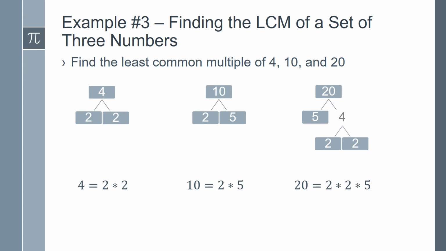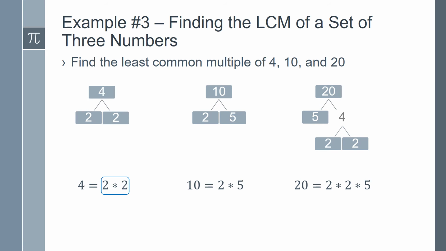Next, we look at each prime factor and identify where it occurs the most often. 2 occurs twice in the prime factorization for 4 and in the prime factorization for 20. We should only box it in one spot. So we'll box 2 times 2 in the prime factorization for 4. Next, we look at the number 5, which occurs once in the prime factorization for 10 and once in the prime factorization for 20.